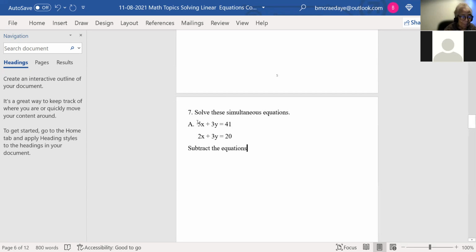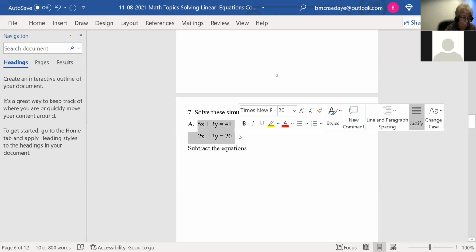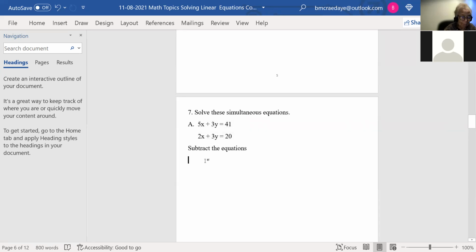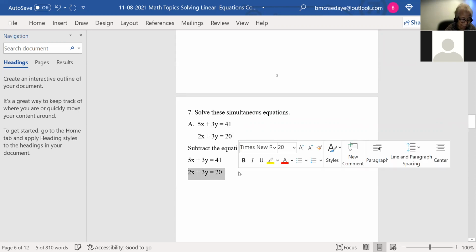That's right. You can just subtract the equations. So let me just copy them here. Because you've already got something in common there, the 3y, you can subtract them, right? So let's draw a line here and subtract them.